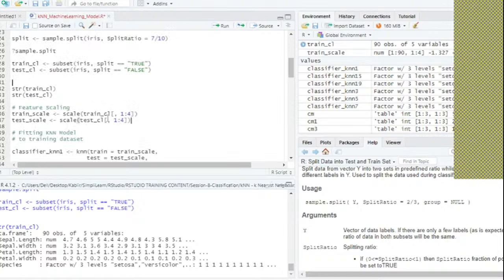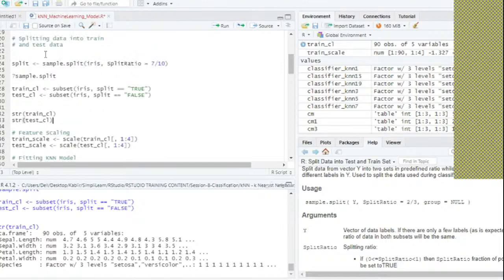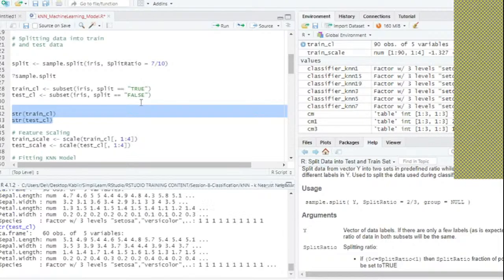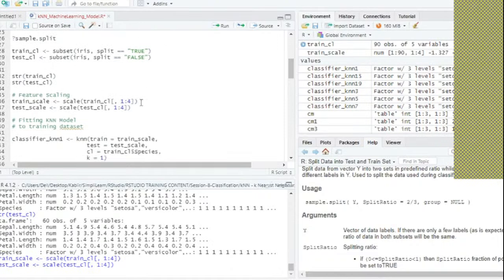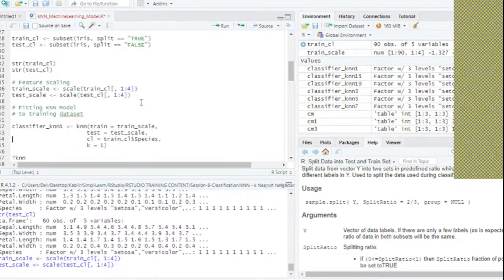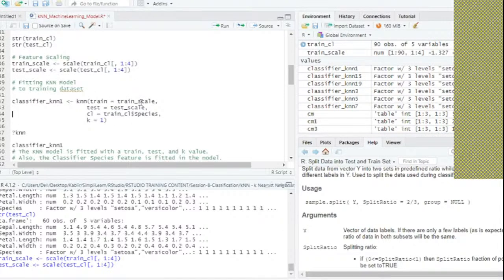Feature scaling. Now we scale both test and train. After we have calculated this, I'm going to scale them, and then I run a k nearest neighbor.